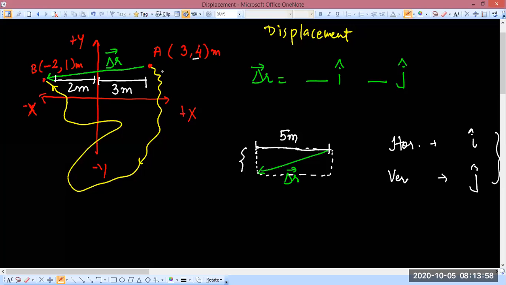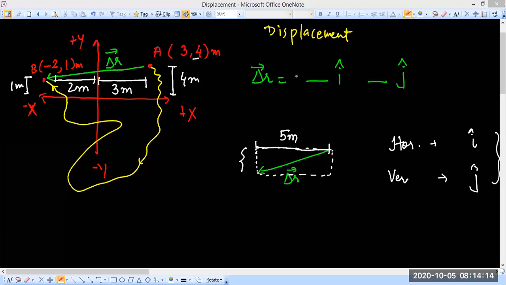I hope all of you realize that when we draw points, this is 4 meter, but this is only 1 meter, correct? I hope this is clear. If we draw a vector from this point to this point, we're getting 5 meter and 3 meter.